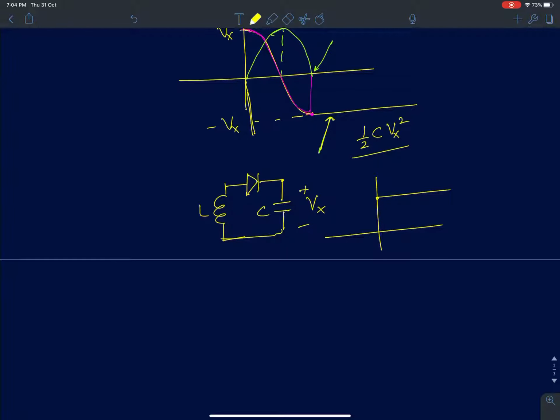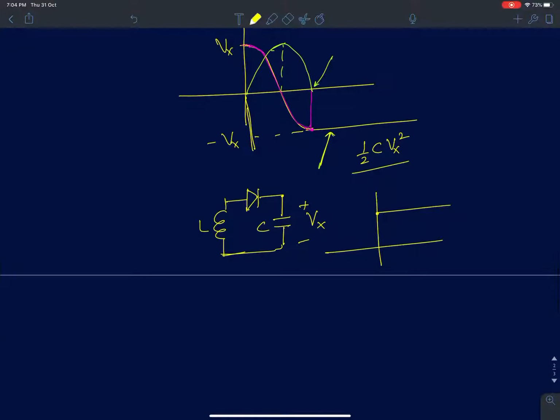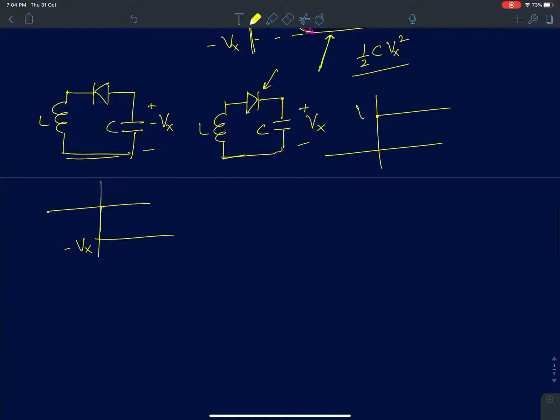I just forgot to mention in the previous problem as well, in case the previous problem had an inductor and diode connected this way, if the capacitor voltage was initially charged to a negative voltage, the diode will act like an open circuit and the voltage across the capacitor will always stay at -Vx. Similarly, if I just reverse the diode, the voltage across the capacitor will always stay at Vx volts.